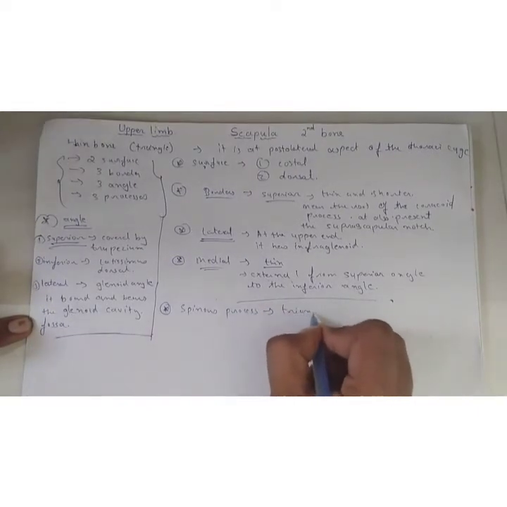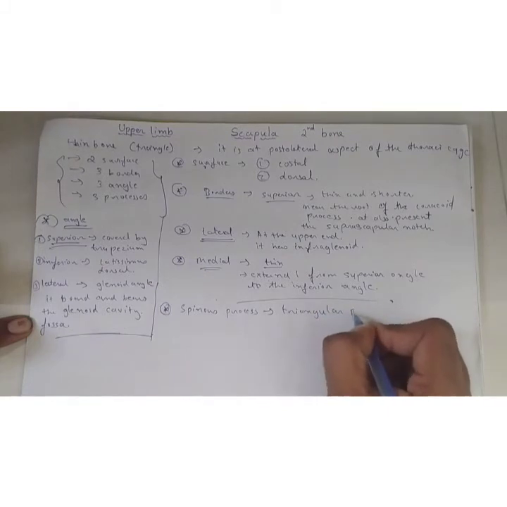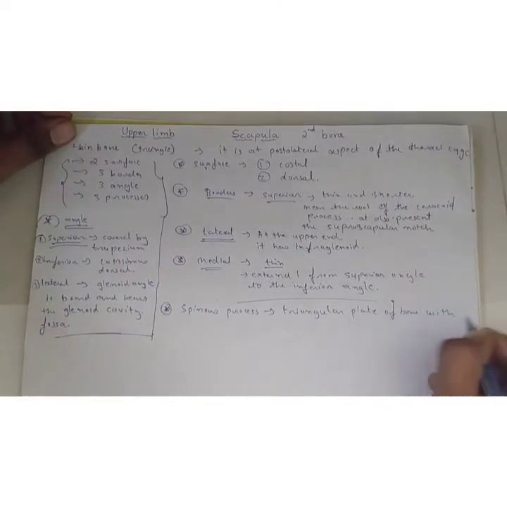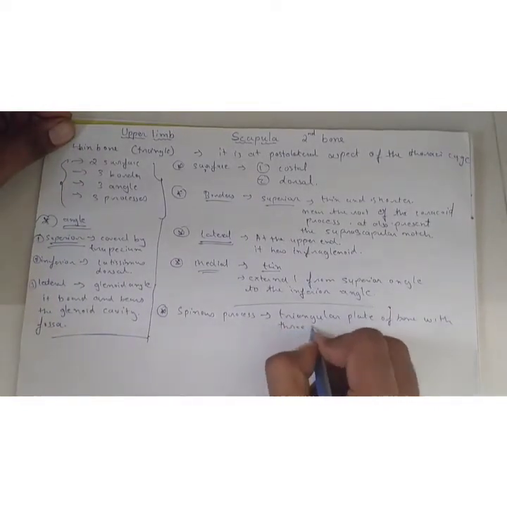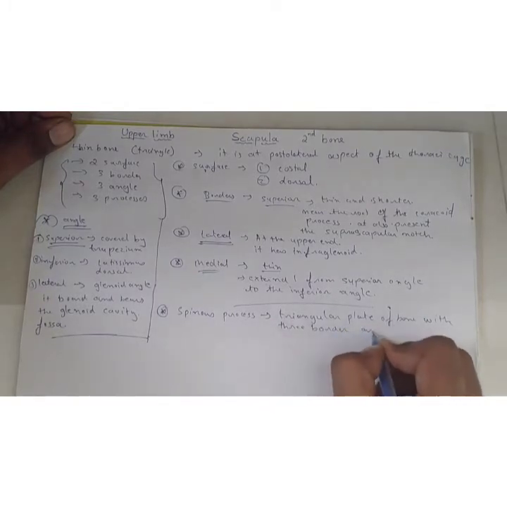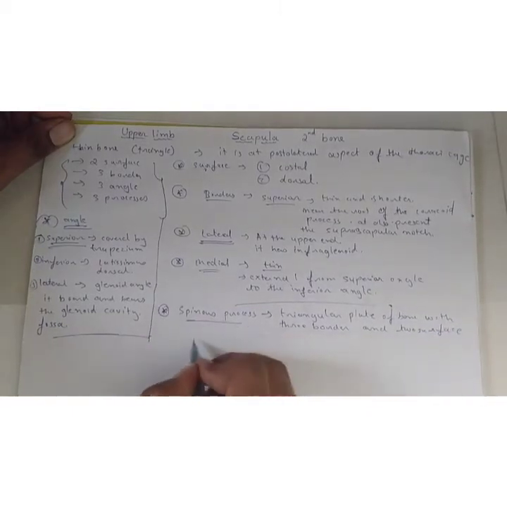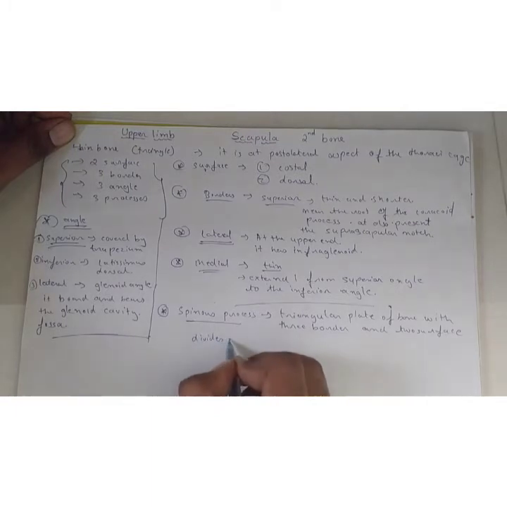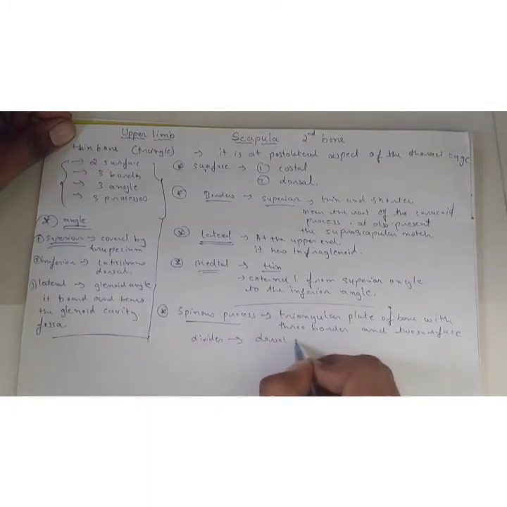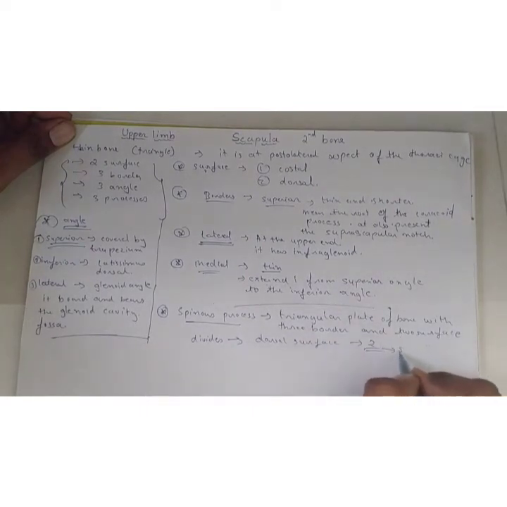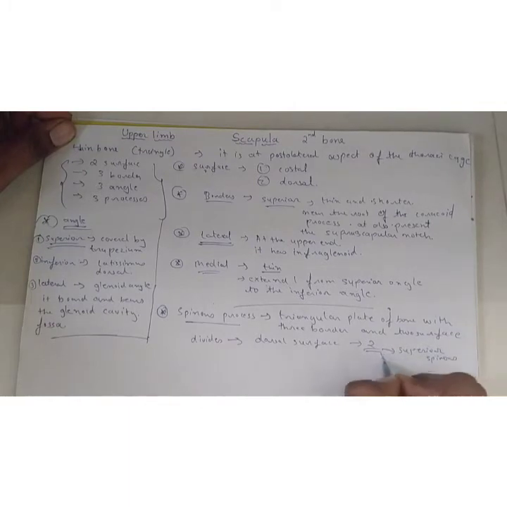It is a triangular plate of bone with three borders and two surfaces. So this also divides into dorsal surfaces, which are the supraspinous and infraspinous.